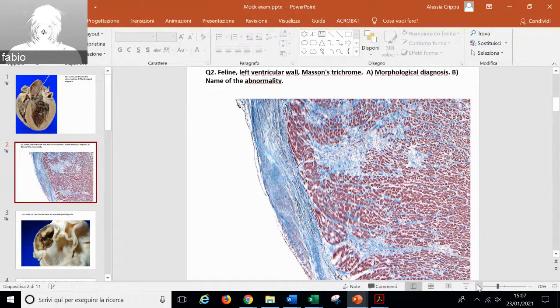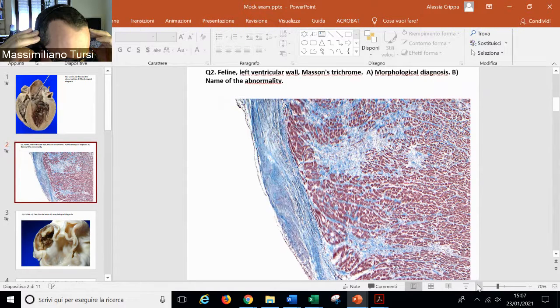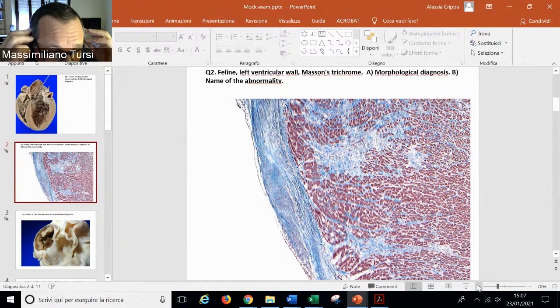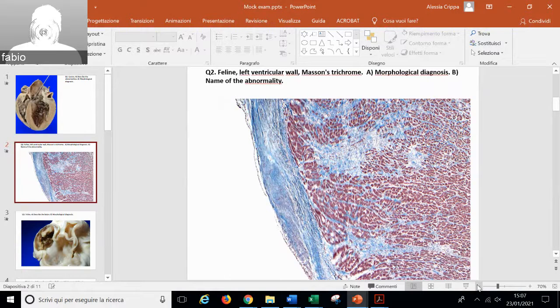So for the endocardium, the keywords could be diffuse severe thickening by fibrous tissue. Here, for example, you don't see the cells, so you cannot say which kind of cells. But because there is the Masson stain, you may say that it's fibrosis.